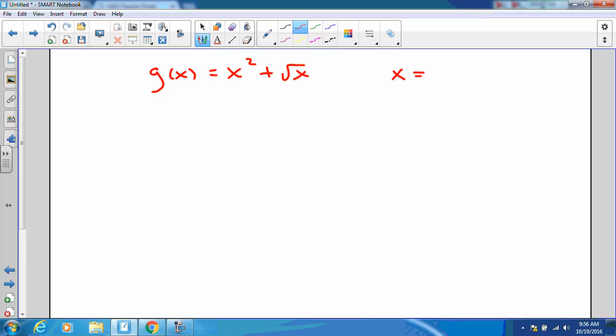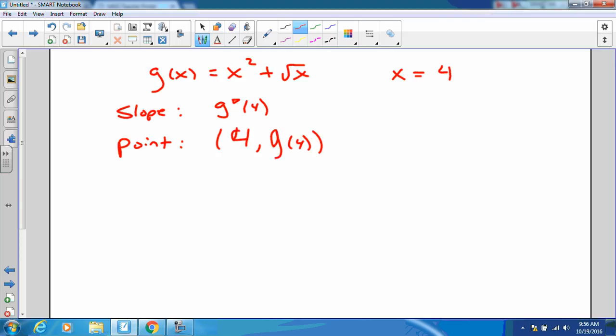And what point of tangency? 4. All right. So we need the slope and we need the point. We're going to write that as g prime of 4, and we're going to mark our point as (4, g of 4). Did you write all this? Yeah. Perfect.